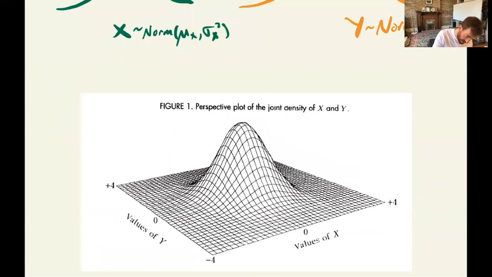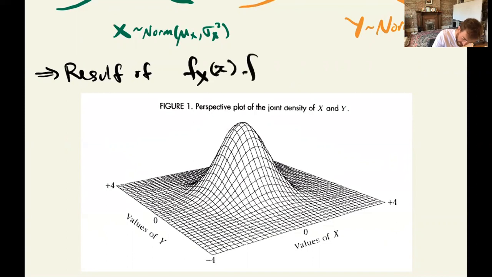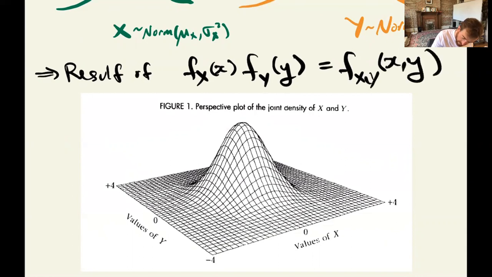So what I'm drawing here now is the result of multiplying f of x, little x, times f of y, little y, which is going to be my JDF because I'm assuming x and y are independent.